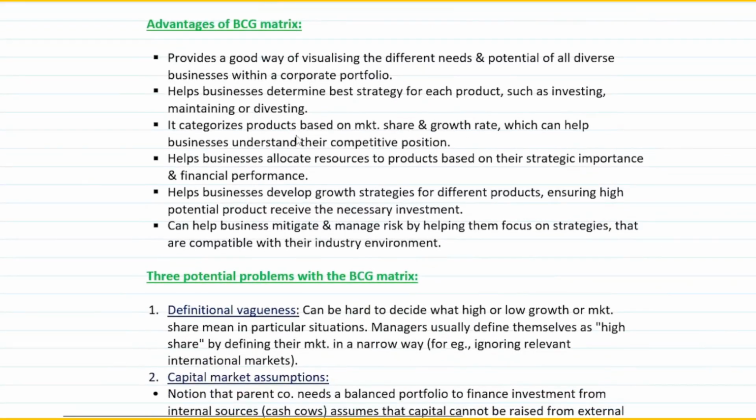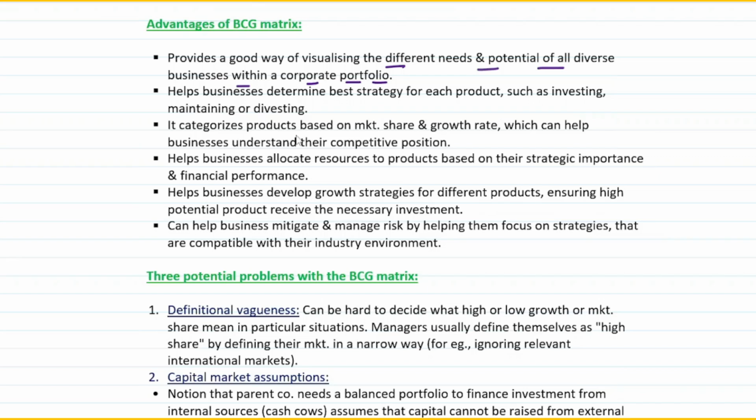Fine. Now we come to the various advantages of the BCG matrix. First of all, it provides a good way of visualizing the different needs and potential of all diverse businesses within a corporate portfolio. So you exactly know what product lies under which category. Potential means scope of growth.